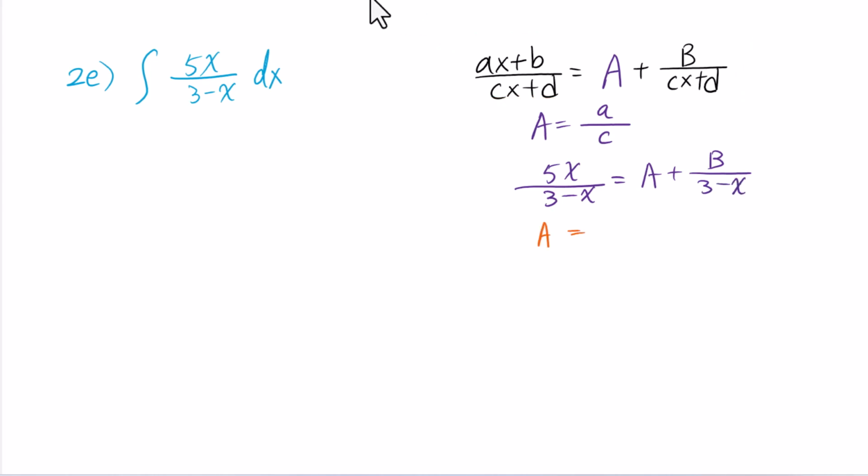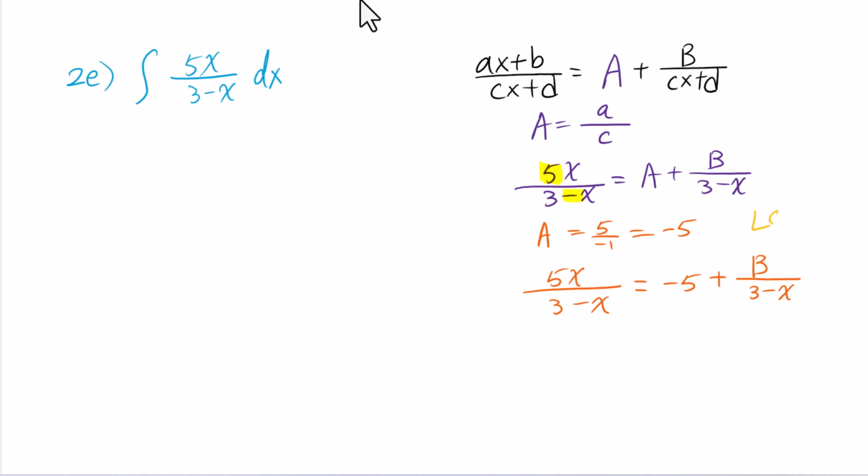A equals 5 over negative 1 equals negative 5. So we get 5x over 3 minus x equals negative 5 plus b over 3 minus x.